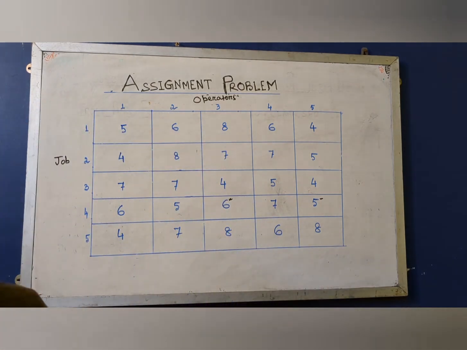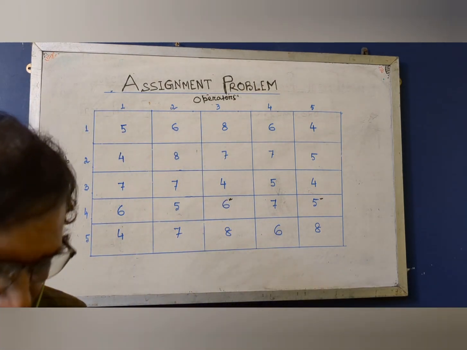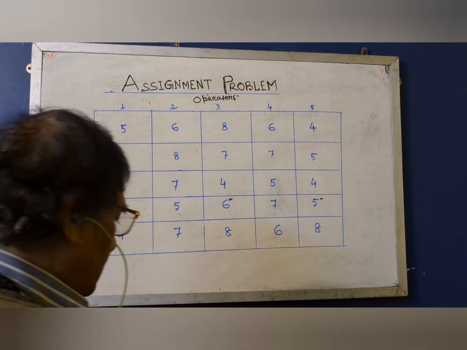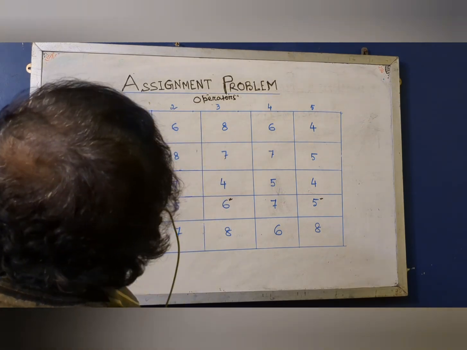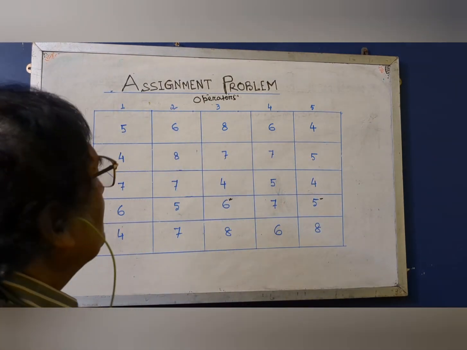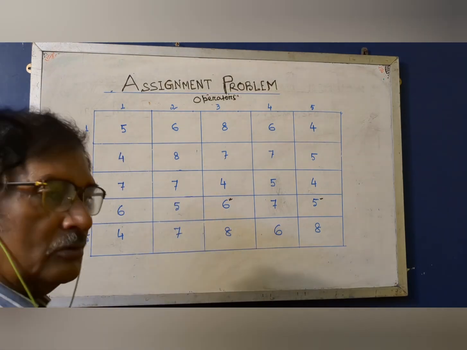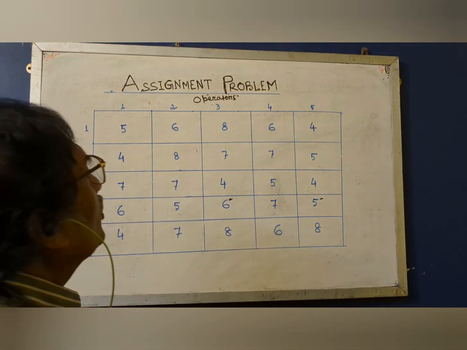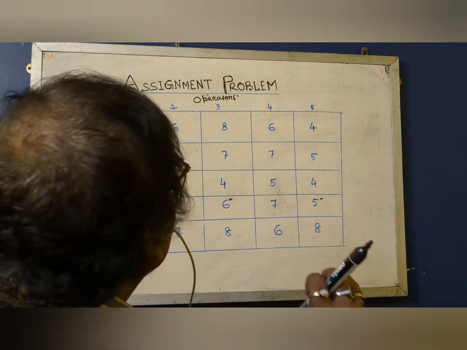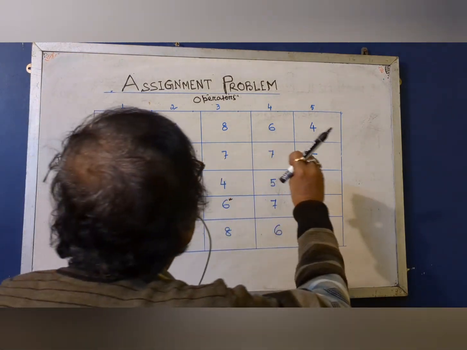How will we do it? What is the process? Now there is a space limitation, that's why I will do this problem on the same matrix. So what is the procedure? First, for each row you will identify the lowest element and subtract that element from all the other elements.